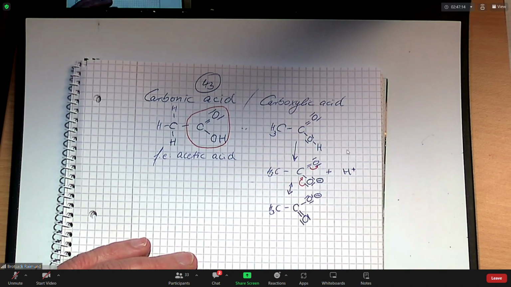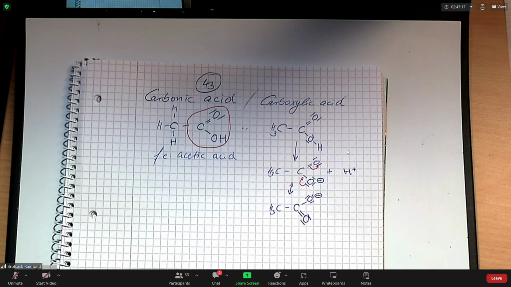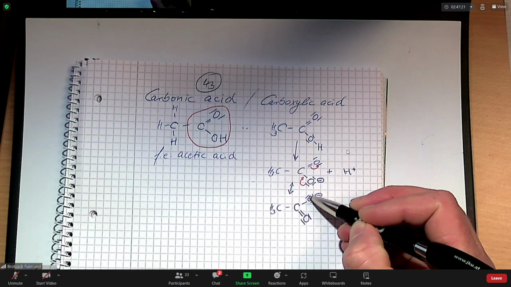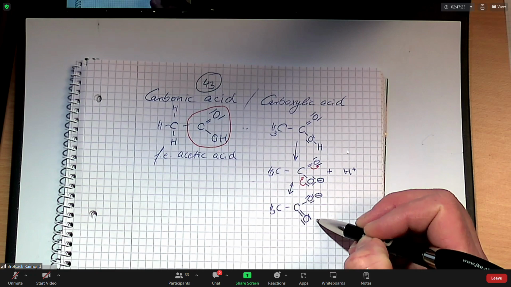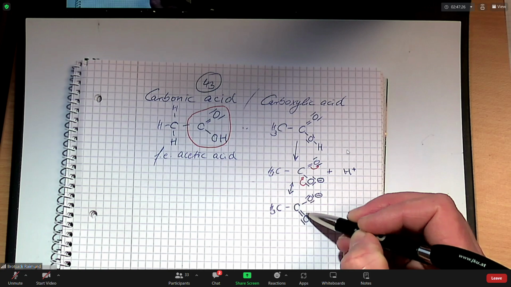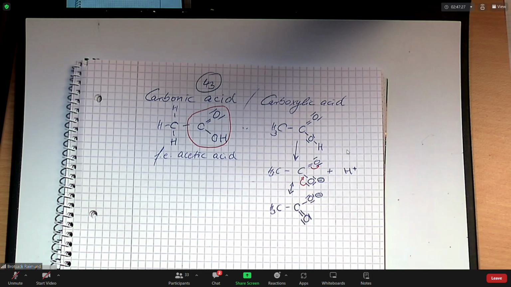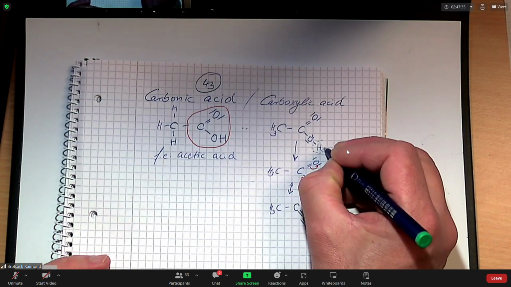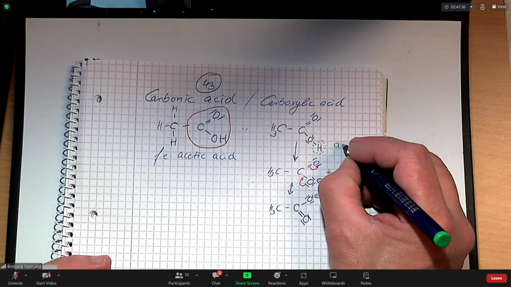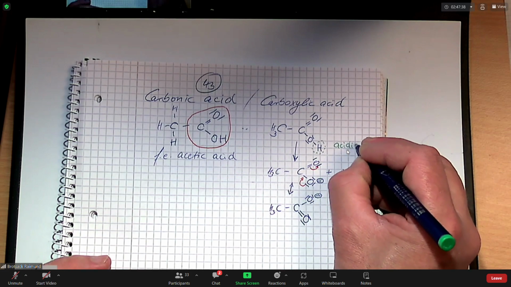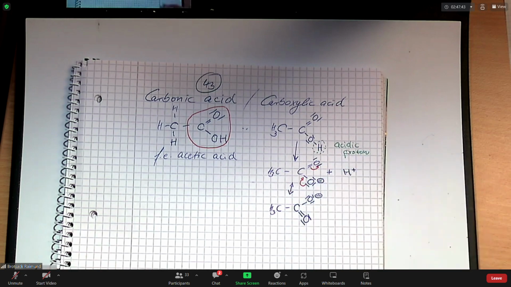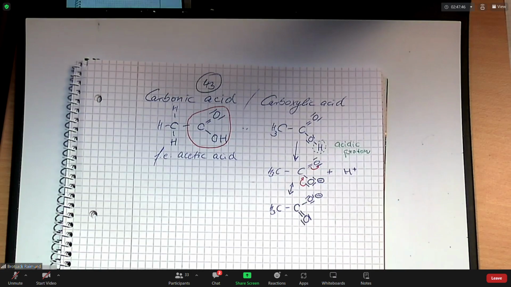This is very stable because we have two options for delocalizing the additional electron. It can move. That's very stable. And this one here we call the acidic proton. And that is delivered.